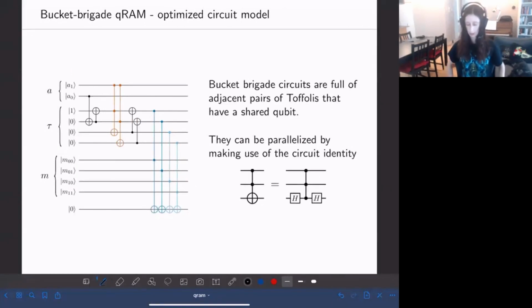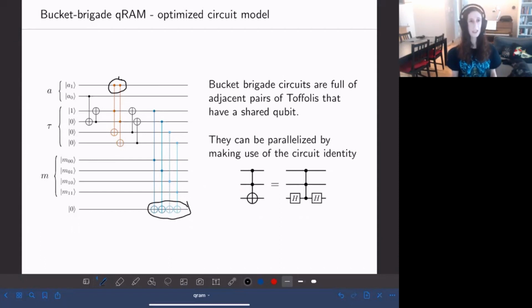So earlier this year, a group parallelized the bucket brigade circuits, and they took advantage of a really cool trick that I want to show you because I just learned it recently. All of these bucket brigade circuits have these Toffolis, and these Toffolis either share controls or share targets.